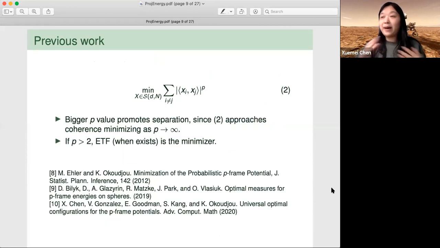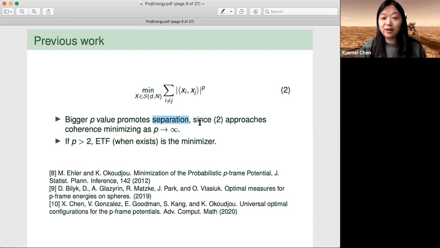So what about the more general p-frame potential? Here are some references on minimizing the p-frame potential. I apologize upfront, I don't think my literature survey here is that complete, but I tried to pick out works that I think are fairly relevant. There are many results I could also put on my slide, but in general, bigger p-values are going to promote better separation.